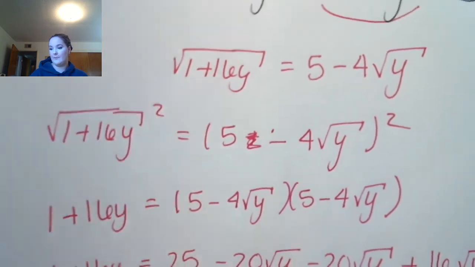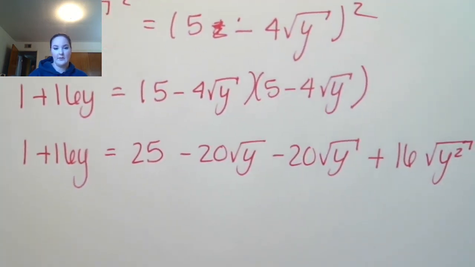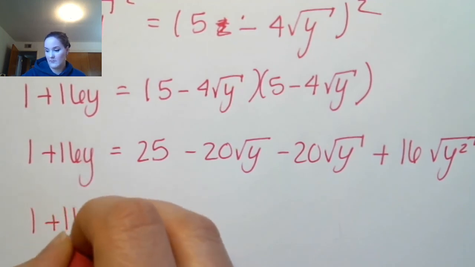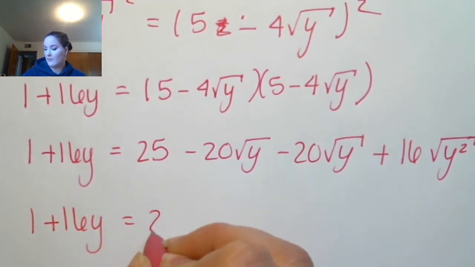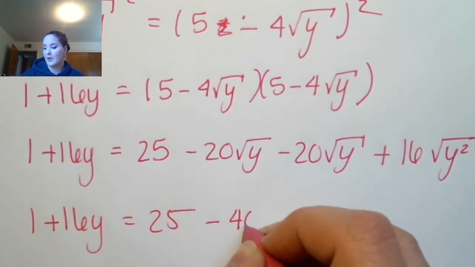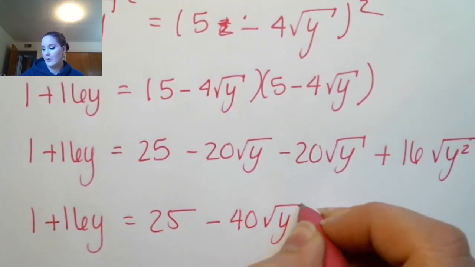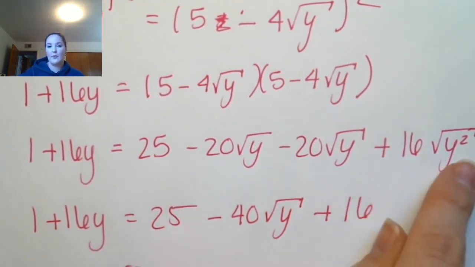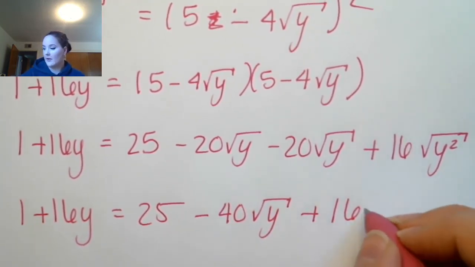Okay. All right, so let's simplify this. These two are like terms, so I'm going to get minus 40 root y. Okay, and like we said here, root y squared is just y.